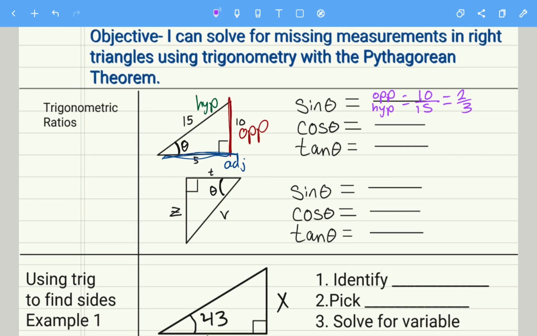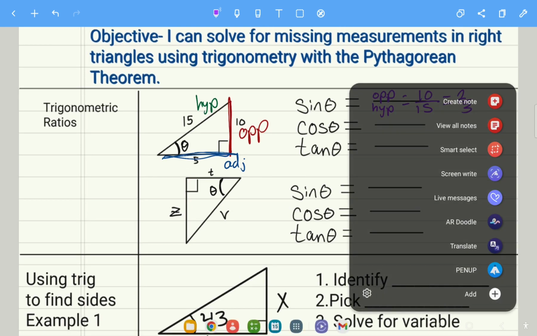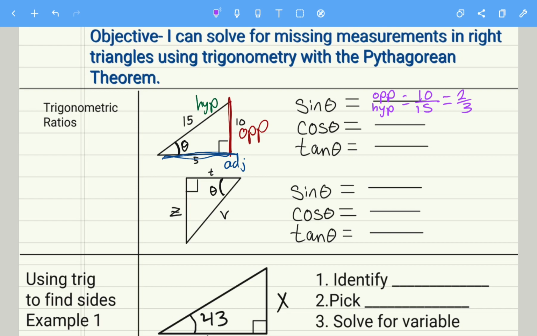Let's do that again with cosine. Cosine, we know, is the adjacent over the hypotenuse. So the adjacent is 5. And the hypotenuse is still 15. So we get 5 over 15 for our fraction, which is 1 over 3 when simplified.